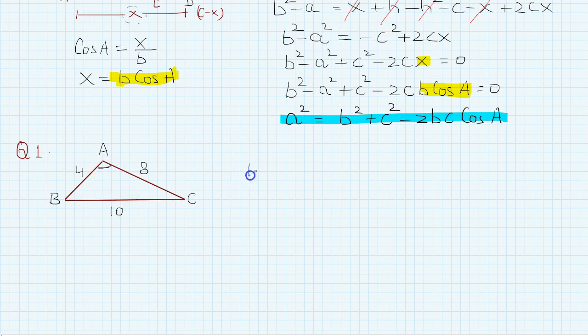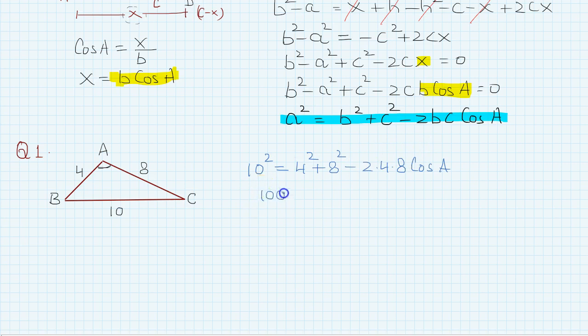So we can use 10 square is equal to 4 square plus 8 square minus 2 multiply 4 multiply 8 cos A.